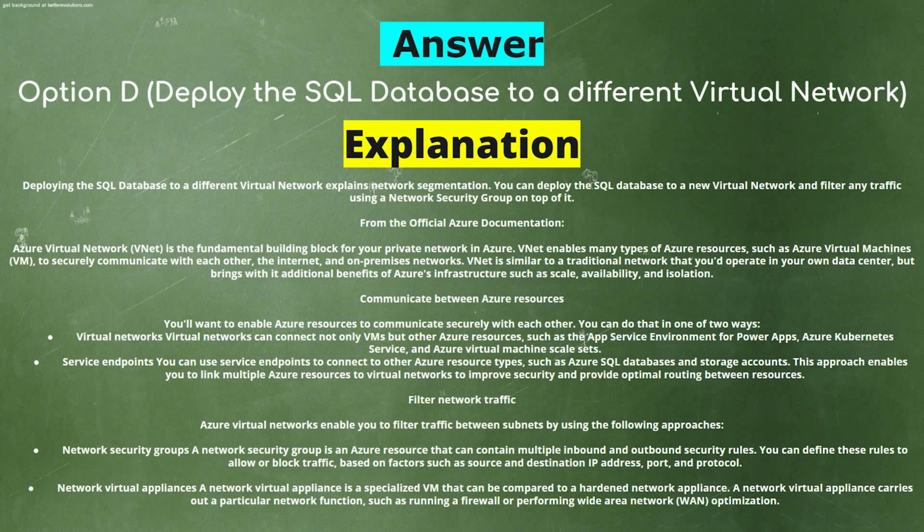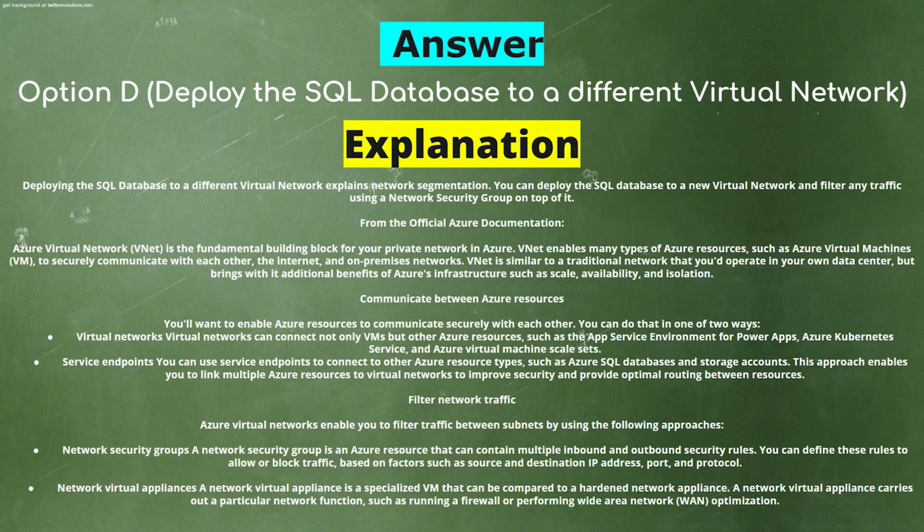Filter network traffic. Azure Virtual Networks enable you to filter traffic between subnets by using the following approaches. Number 1. Network security groups. A network security group is an Azure resource that can contain multiple inbound and outbound security rules. You can define these rules to allow or block traffic based on factors such as source and destination IP address, port, and protocol.